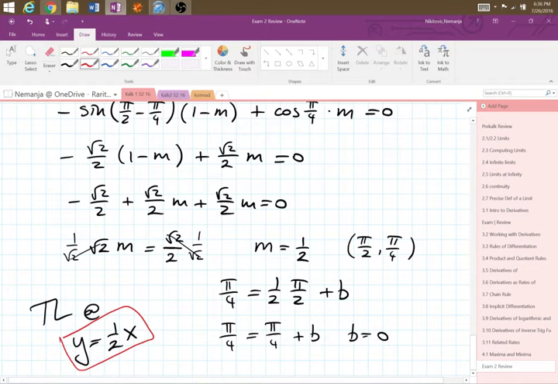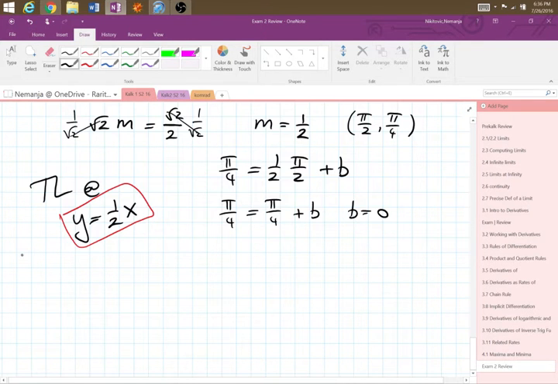Can we do the multiple chain rule? Sure. Do you have anything in mind? Page 192, number 48.